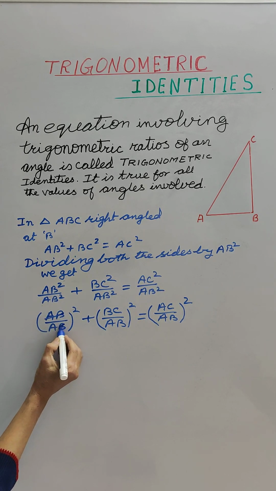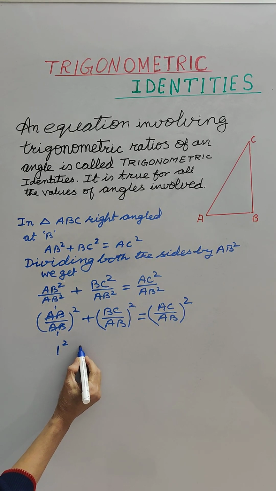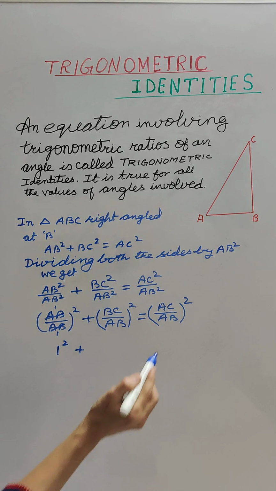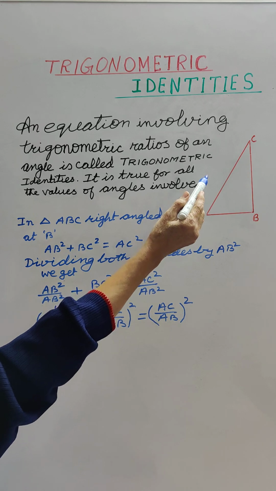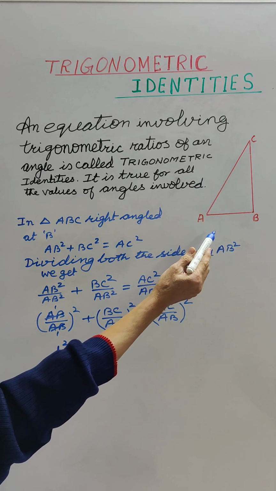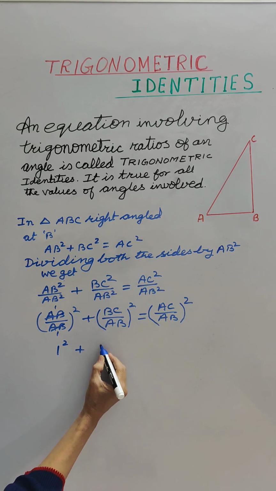AB is cancelled with AB and we have got 1. So this is 1 square plus BC upon AB. This is BC, perpendicular or opposite side, upon AB, base or adjacent side. So it is tan A.